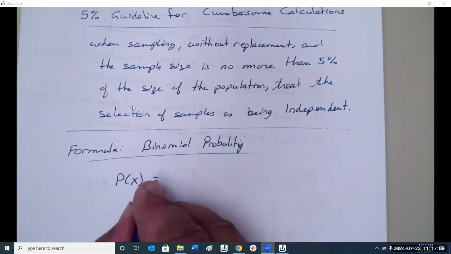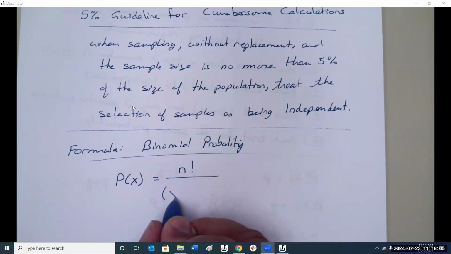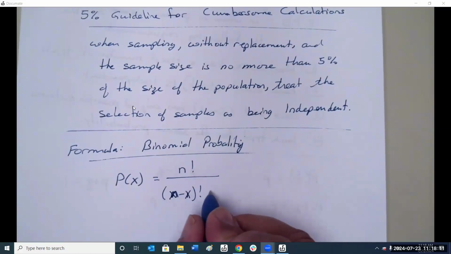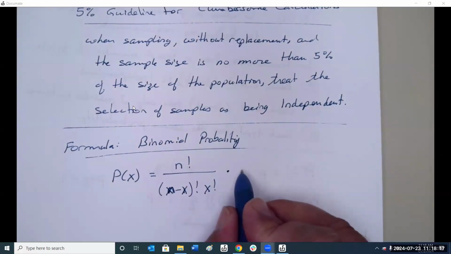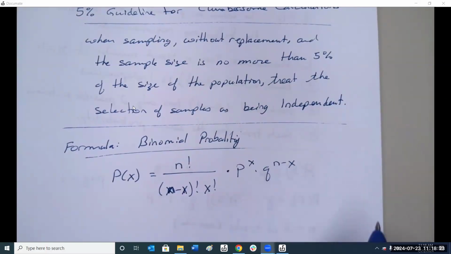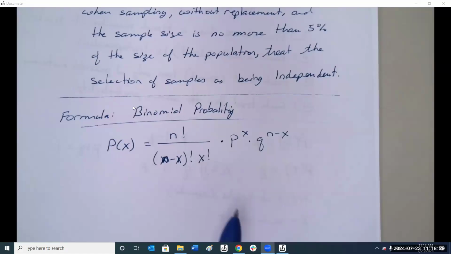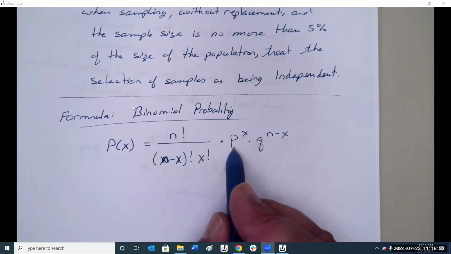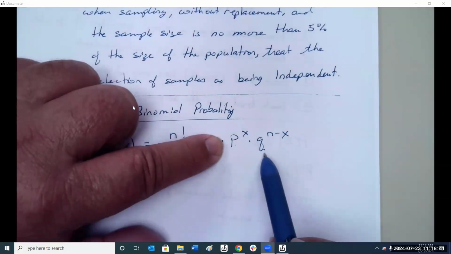The probability of X is equal to n factorial over n minus X factorial, because n is the population size, over X factorial, times P to the power X times Q to the power n minus X. We've defined what n, P, Q, and X are already. P was what? Probability of success.